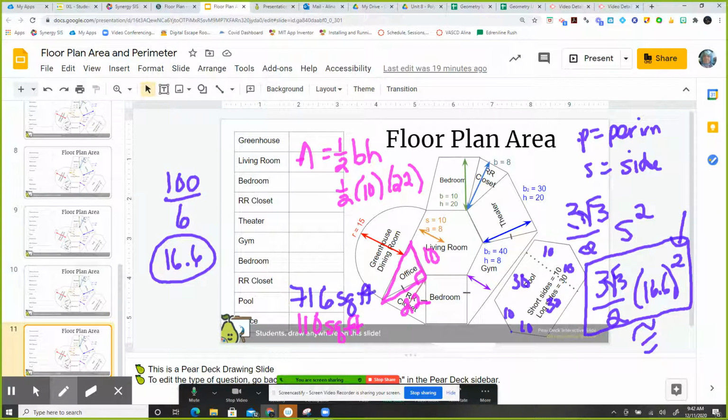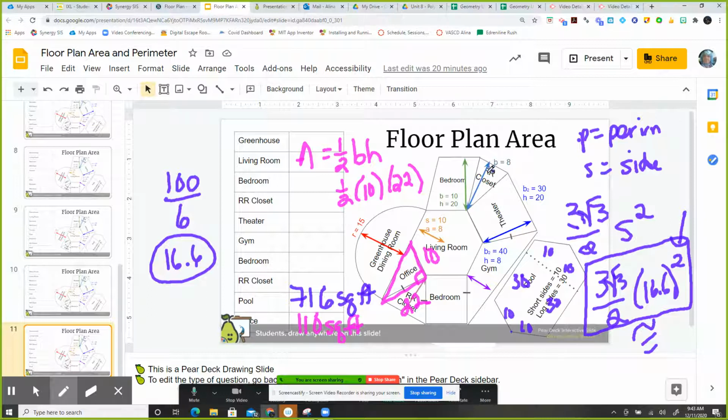What's the hardest thing to find when you're looking for area? If it's not given to you. What was the hardest thing to find in the triangles if it wasn't given to us? It was given in the bedroom and the theater, but not in the restroom.